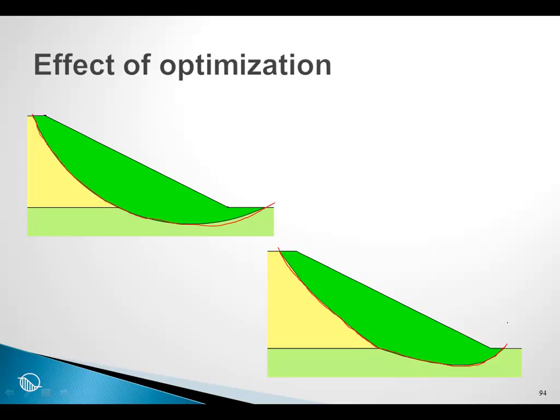And generally, the factor of safety for this is less than for this one here. And that is the whole purpose of the optimization, to try and find a lower factor of safety than what might correspond to a predetermined geometric shape.